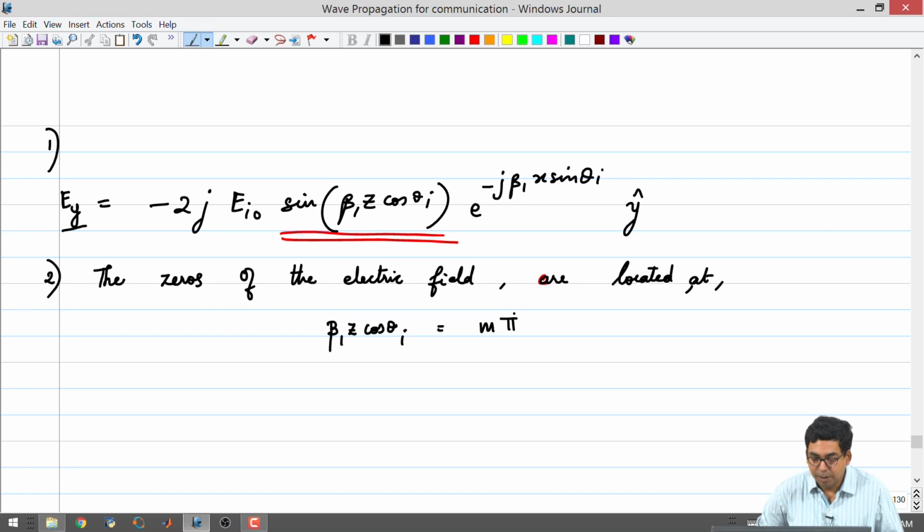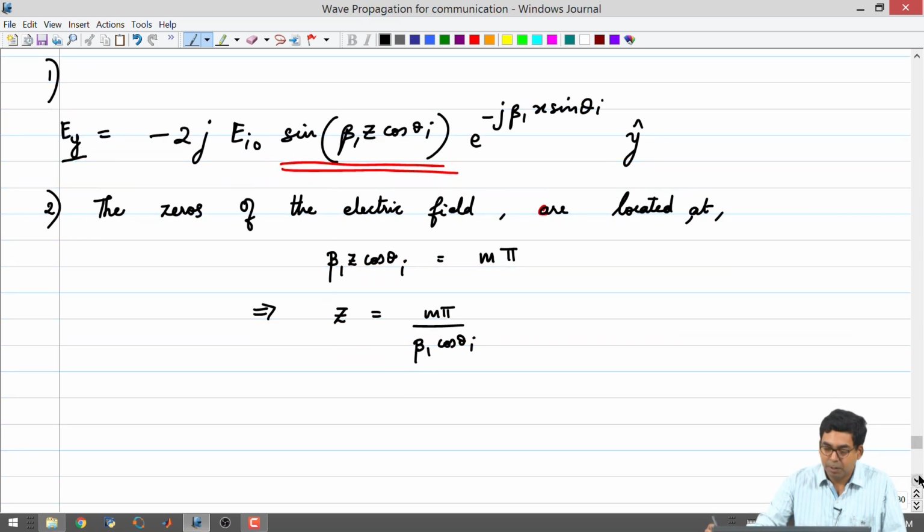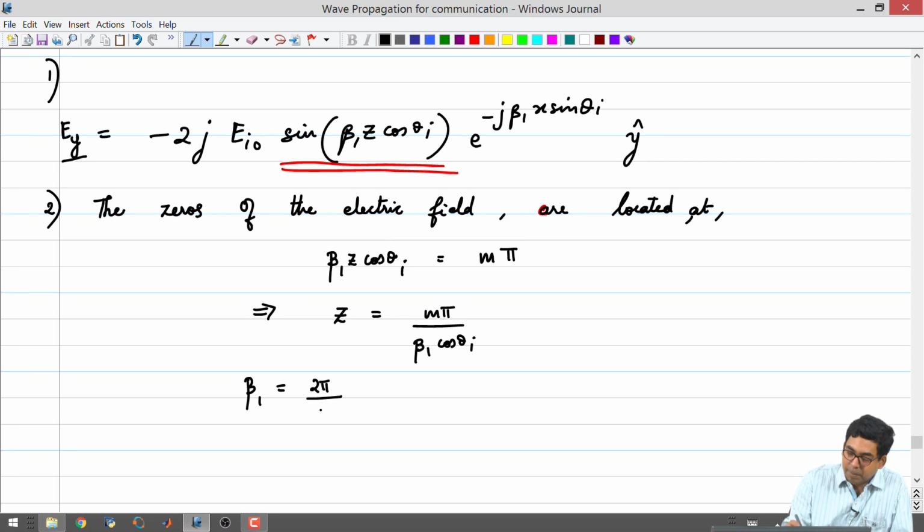Now that we know where the zeros would be, we can also directly say at which positions z you will have zeros of the electric field. You can write this as z = m pi by beta 1 cos theta I. If you want to make it a little more intuitive, you can write beta 1 equal to 2 pi by lambda 1, where lambda 1 is the wavelength in the medium.